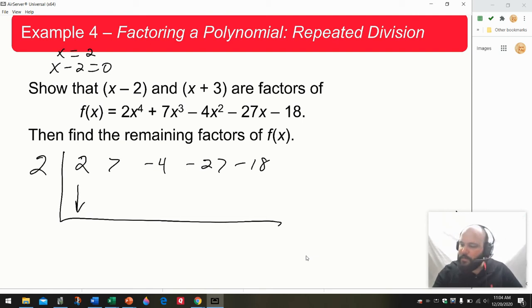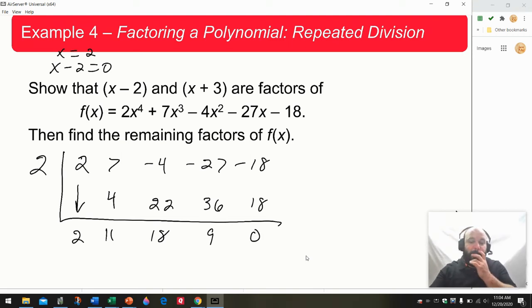The first number always drops, and then we multiply, and then we add. Then we multiply, and then we add. Then we multiply, and then we add. And what you're going to see here is I ended up with a 0. That's good. We should have, because this is a factor, which means it should divide out evenly. There should not be a remainder.